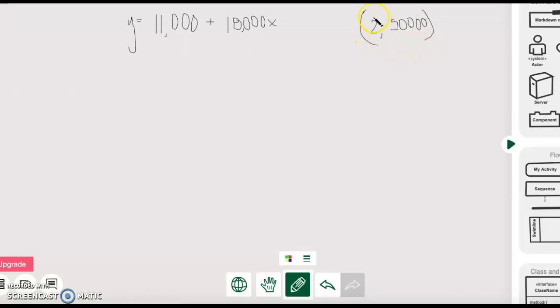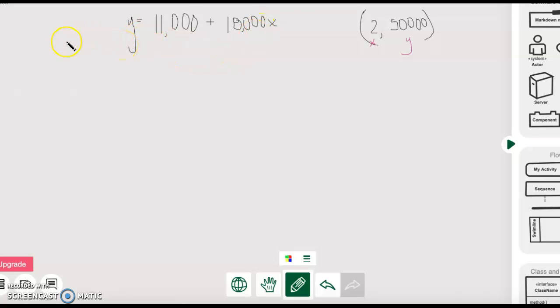So this is a car that's 2 years old, so the X value is 2, and it's been driven 50,000 miles, so the Y value is 50,000. I'm going to label the 2 as the X, and the 50,000 as the Y value. So eventually we'll be plugging this X and this Y into the equation.